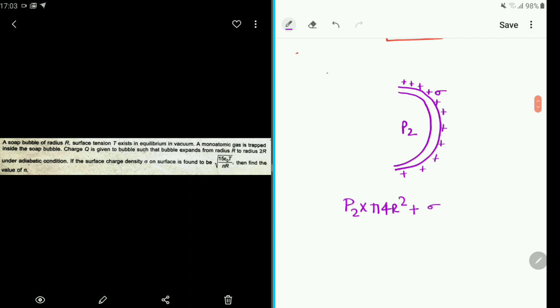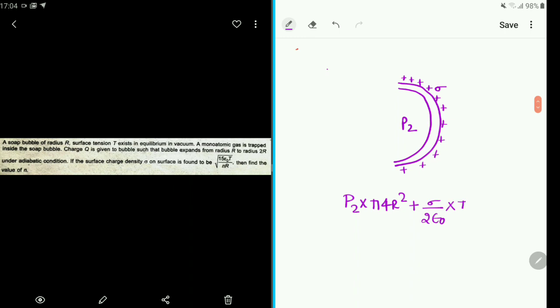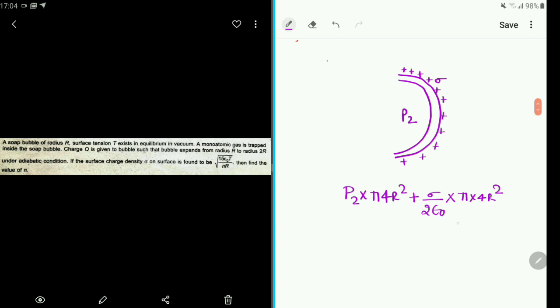Now what are the forces? There will be a pressure P2; P1 will change to P2 adiabatically. P2 will have a force; we'll use the effective area again, pi r square, but r has become 2r, so the net effective area will be 4 pi r square.